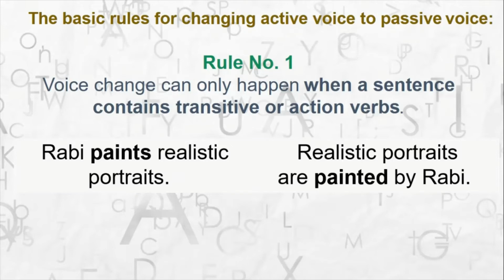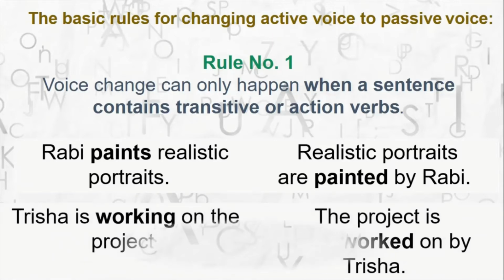So you see the subject has gone behind and the object has become more important. What is the object? Realistic portraits are painted by Rabi. Let's take one more example to emphasize this point. Trisha is working on the project is the active voice. The project is being worked on by Trisha.